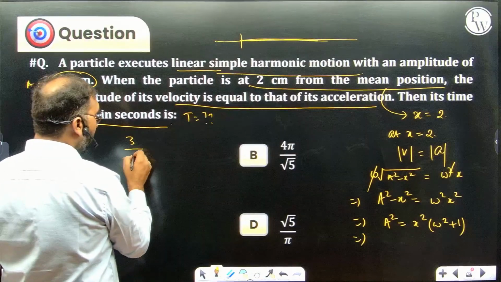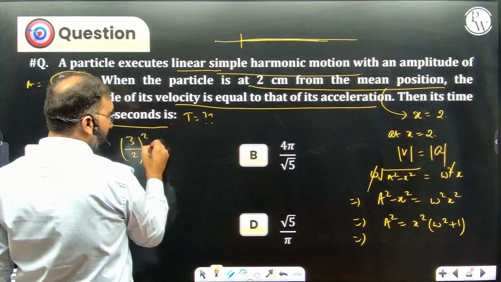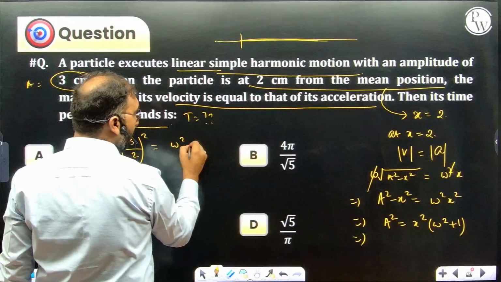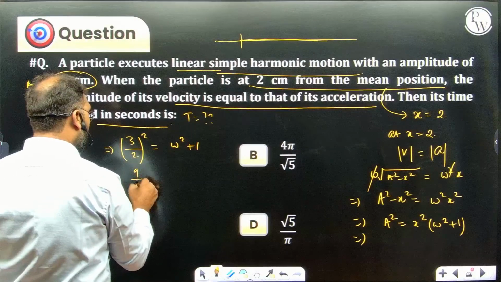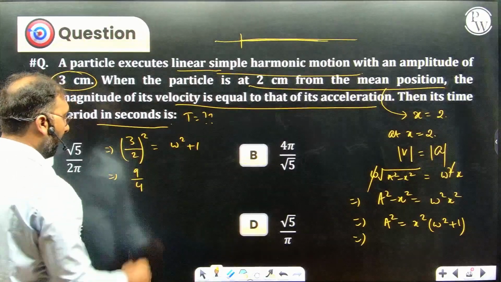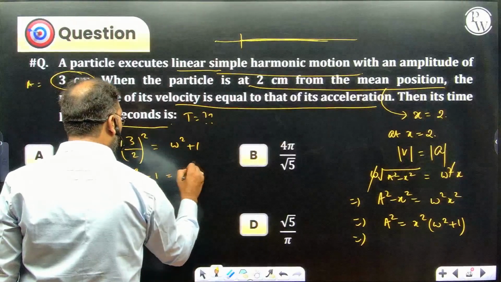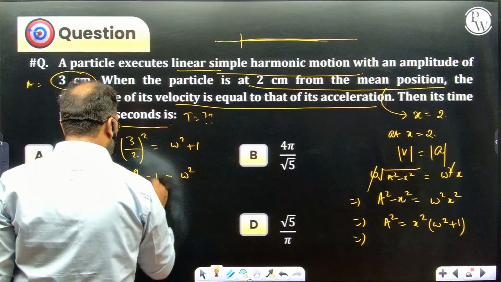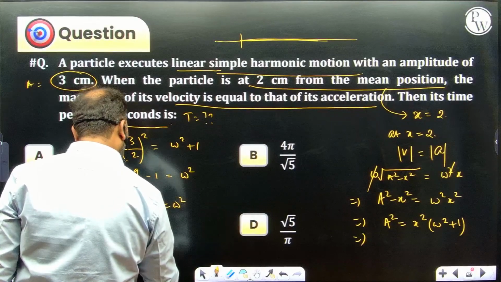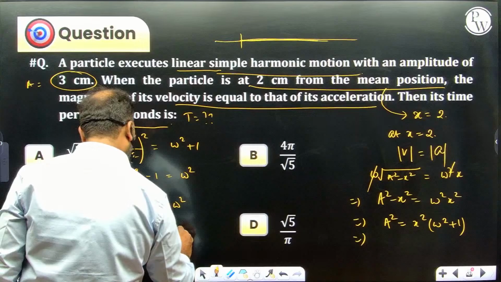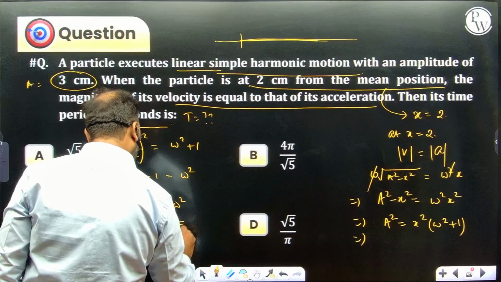So 3 by 2 whole square equals omega square plus 1. So this is 9 by 4. 9 by 4 minus 1 equals omega square, and 9 minus 4 is 5 by 4 equals omega square. Omega is root 5 by 2.